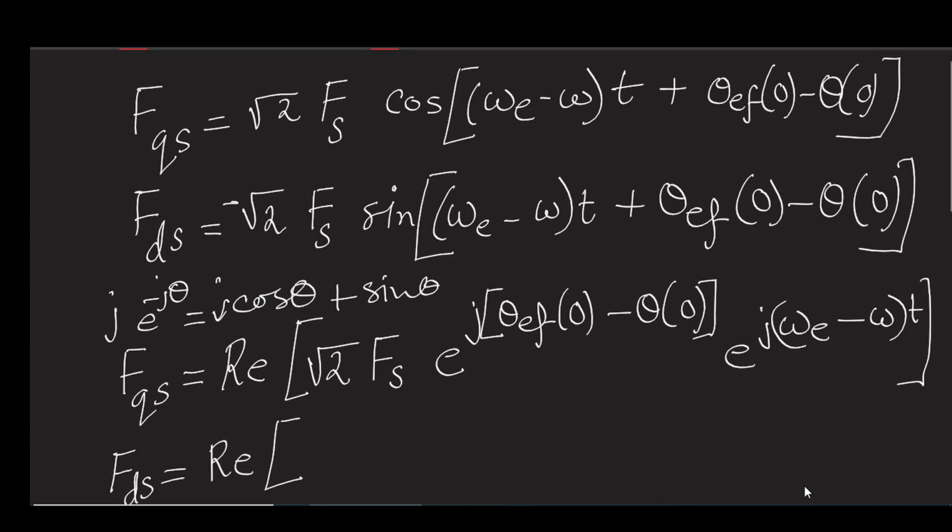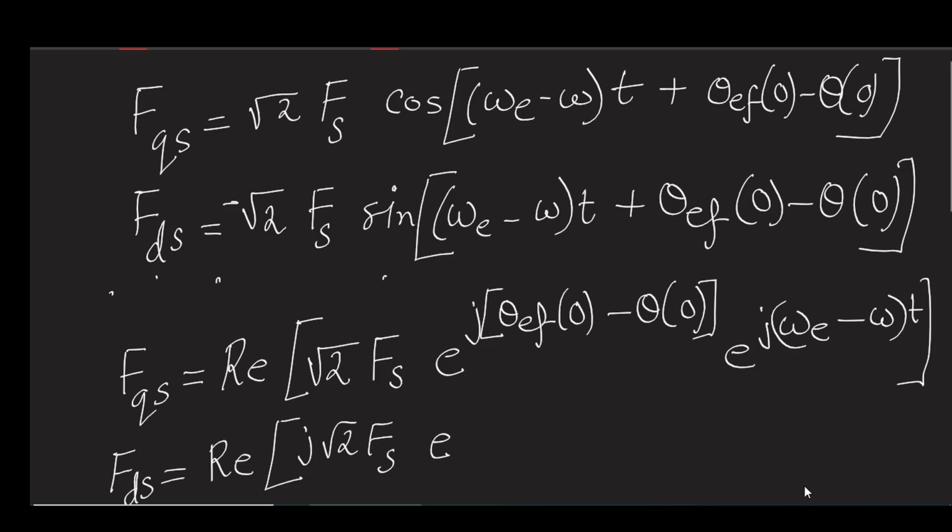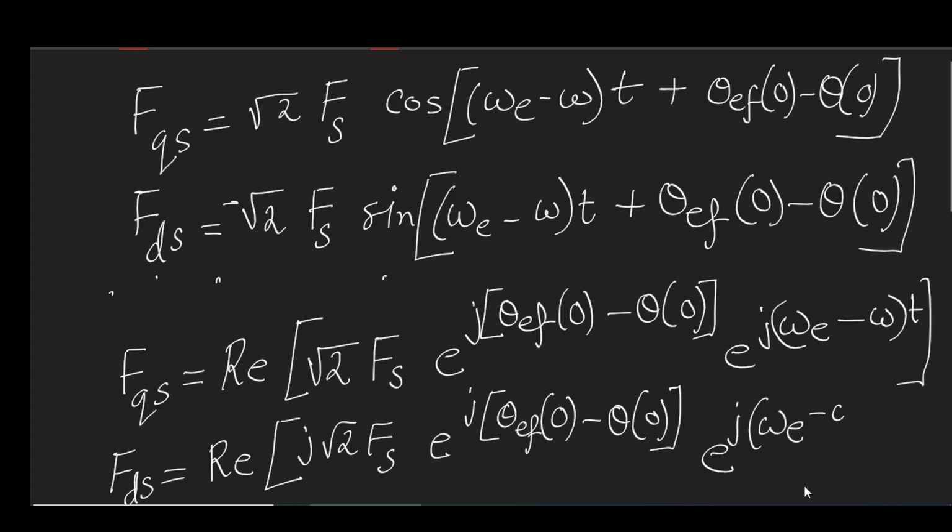In a nutshell, we can multiply this with j to get sine. So ds we can write as j root 2 Fs e^(j(theta_ef0 minus theta_0)) e^(j(omega_e minus omega)t).